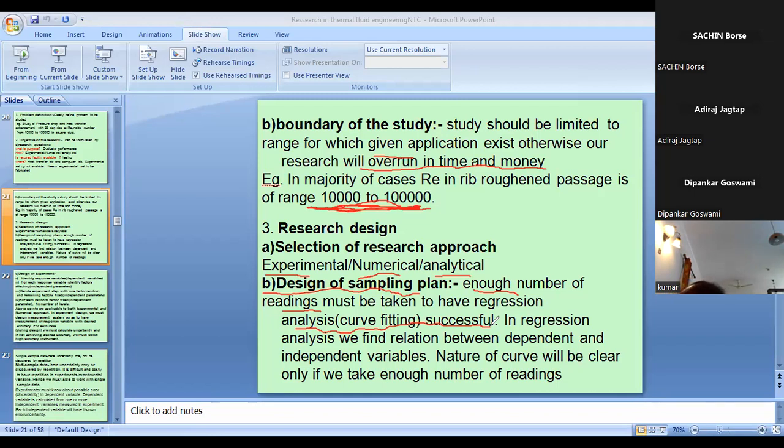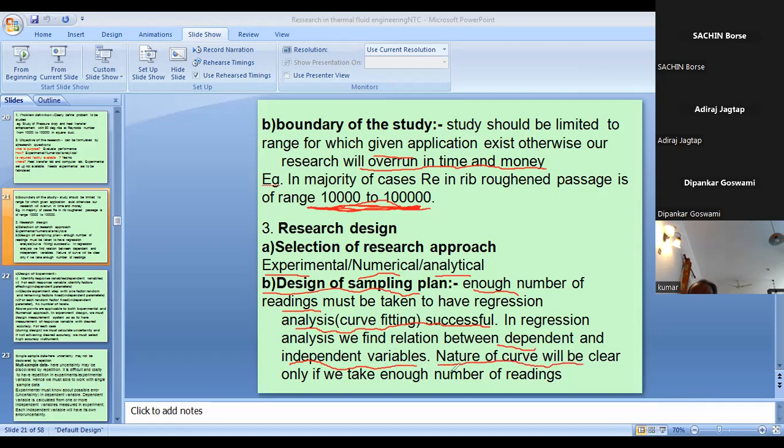So in regression analysis, what we do is we find the relationship between dependent and independent parameter. I explained last time what is a dependent and independent parameter. Independent parameter is the parameter which affects the dependent parameter. Okay. So if you take enough number of readings, then and then we'll get the clear relationship.